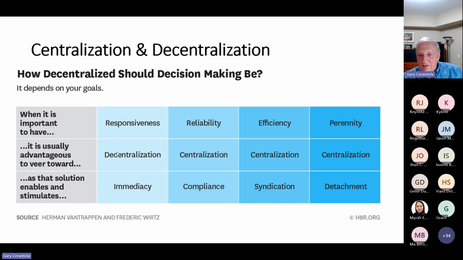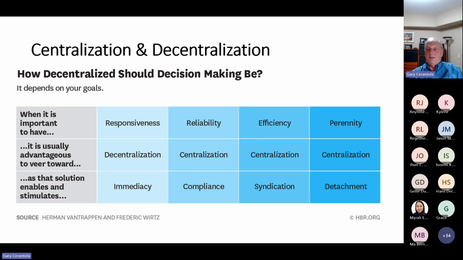If you need to be responsive, then decentralization comes into play, because now you're reacting right at the customer level. And a lot of times it's short term. You need to do this right now. When you're looking at reliability, well, now you start thinking about standards, and so centralization. And what do you need? Well, you need compliance.